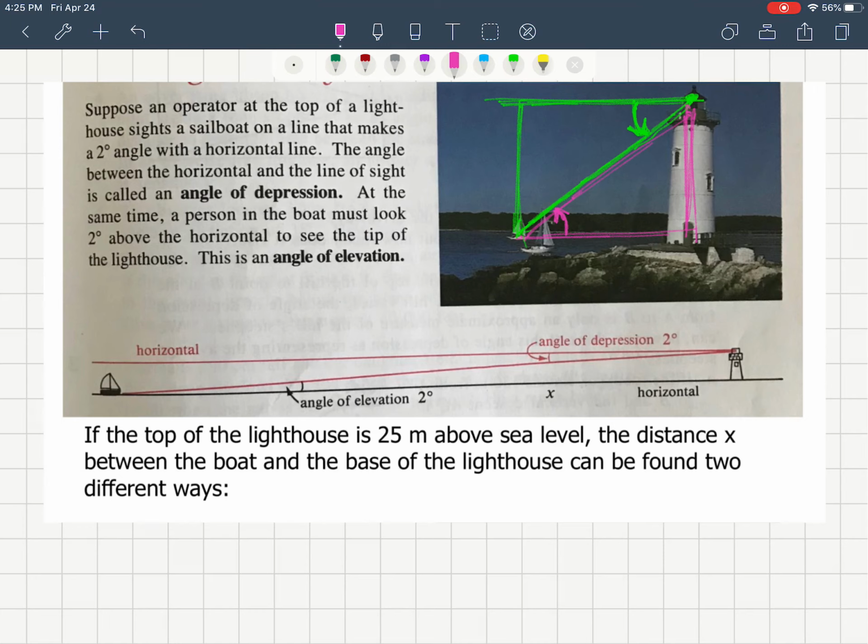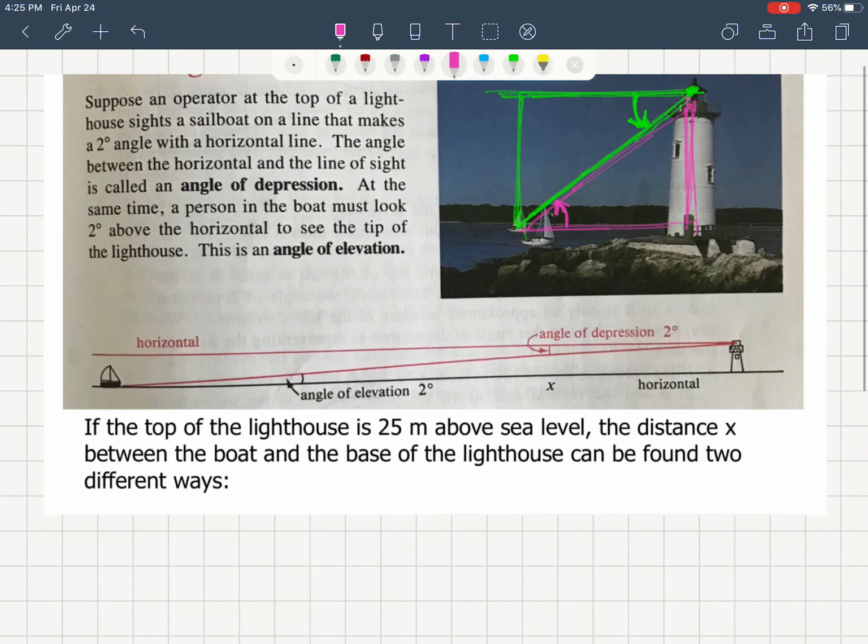So at the same time, a person in the boat must look up to the person in the lighthouse. That's an angle of elevation. So the pink is the angle of elevation, looking from the horizontal up, line of sight to the person at the top of the lighthouse.